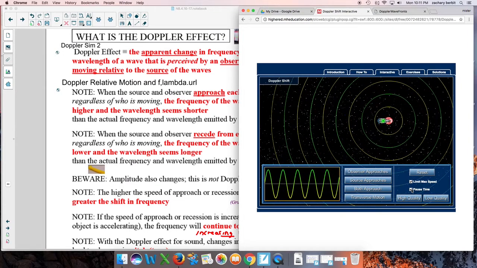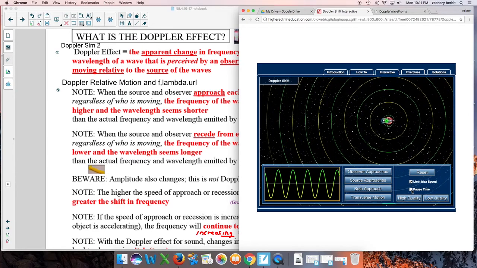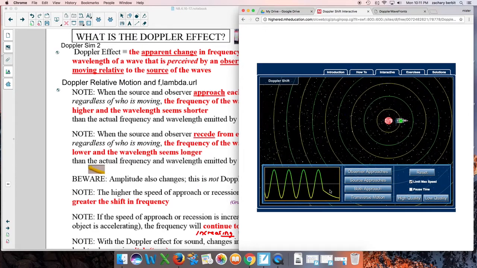But as soon as they start receding from each other, whether it's the observer away from the source, the source away from the observer, or both away from each other, you can imagine in your head the waves in a sense get stretched out. Really what's happening is the observer is intercepting the wavefronts less frequently. And you will have a smaller frequency and a bigger wavelength, which you'll see down here in the graph.